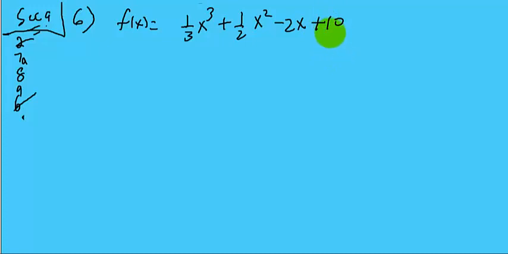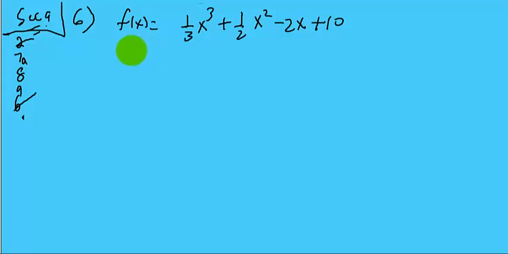Horizontal tangents meaning flat spots for the curve. What kind of a slope do you have when there's a flat spot on a curve? Zero slope. So that means we're trying to find out where the slope of this curve is 0.